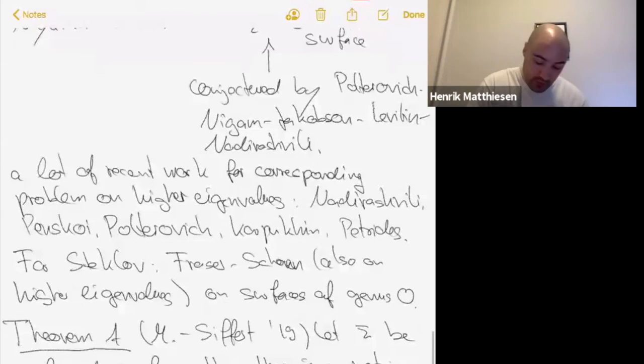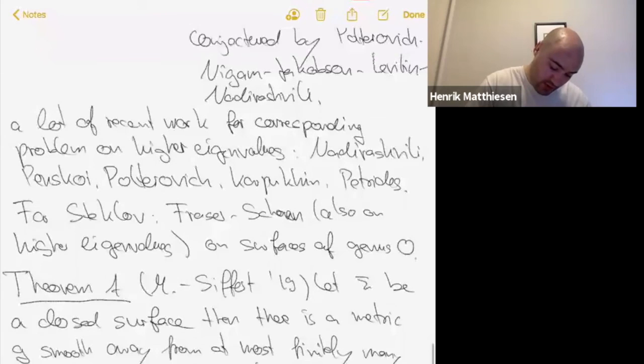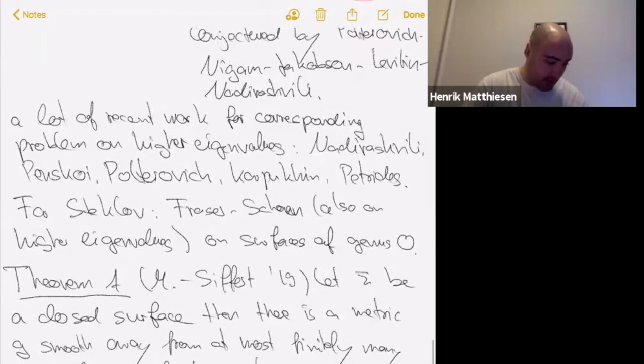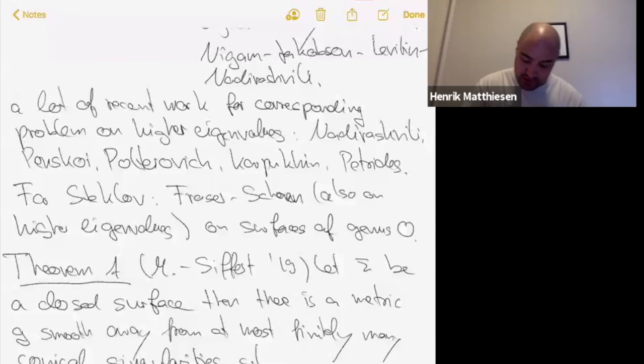And in particular, we find possibly branched minimal immersions from that given compact surface into some sphere S^n that induce the metric g.